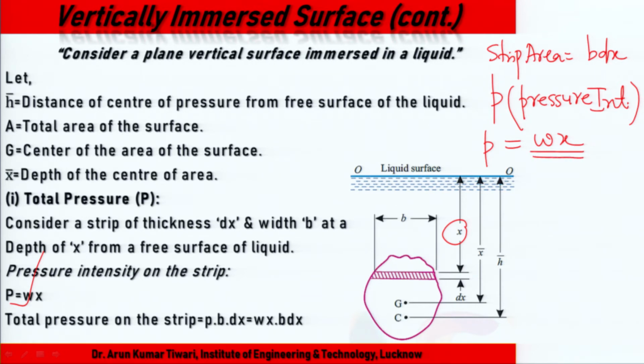And what is the total pressure, capital P? Do not get confused: capital P is the total pressure, small p is the pressure intensity. The total pressure on the strip is the pressure intensity into the area, dA.